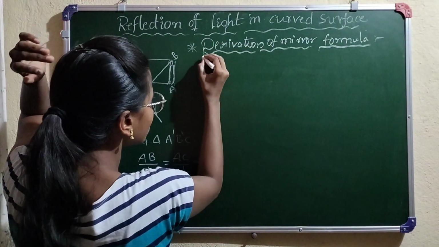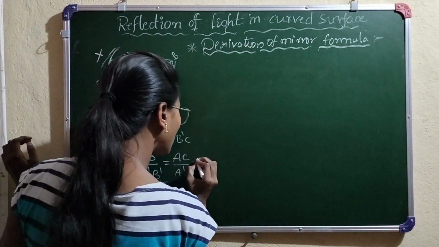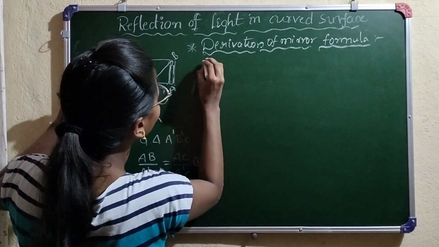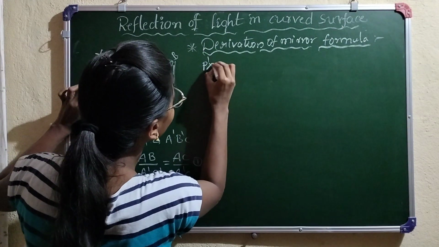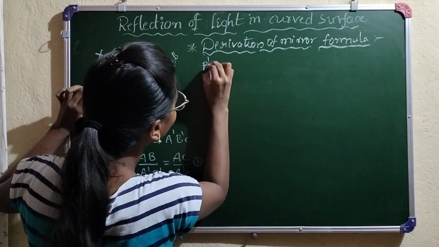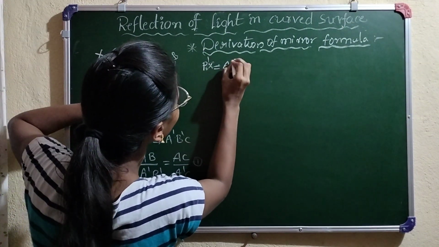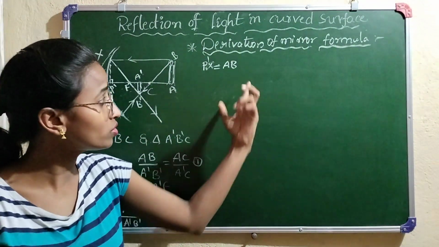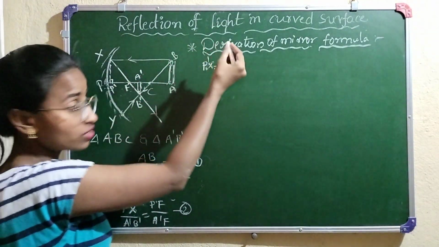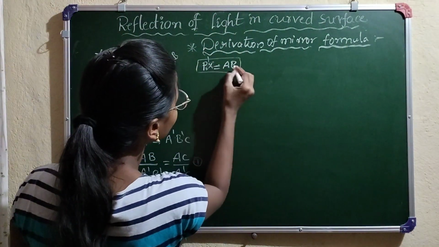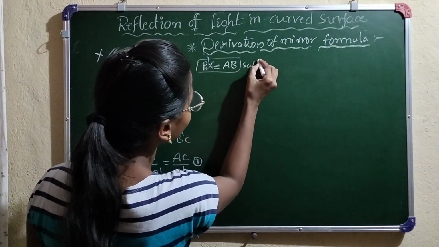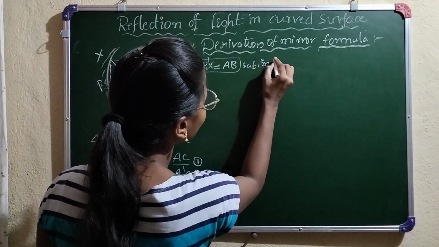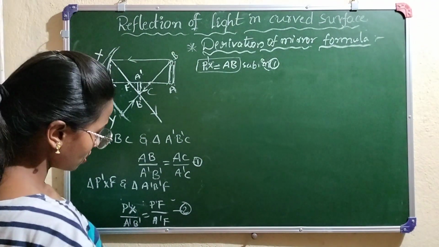So based on that, P dash X is equal to AB. Wherever P dash X is there, we have to substitute AB, because these lengths are equal. Substitute in equation 2.